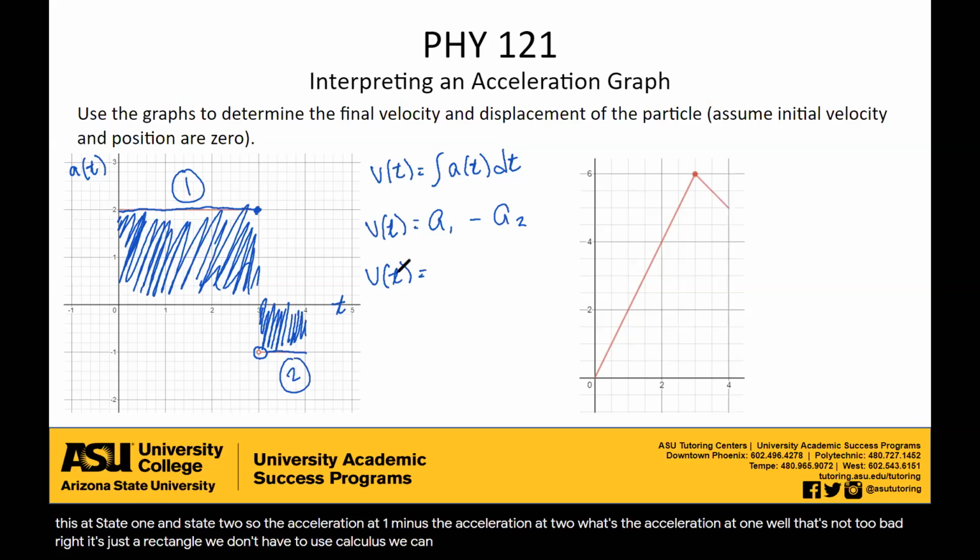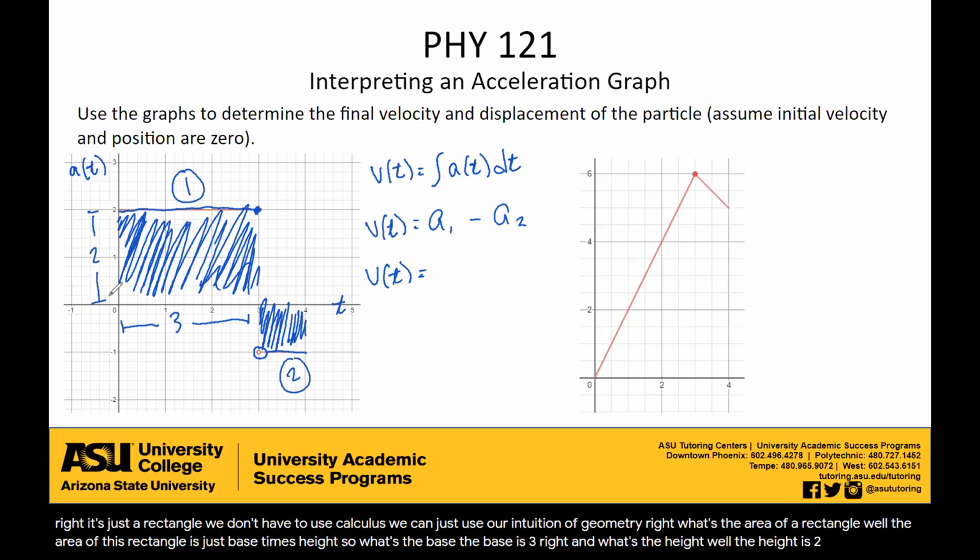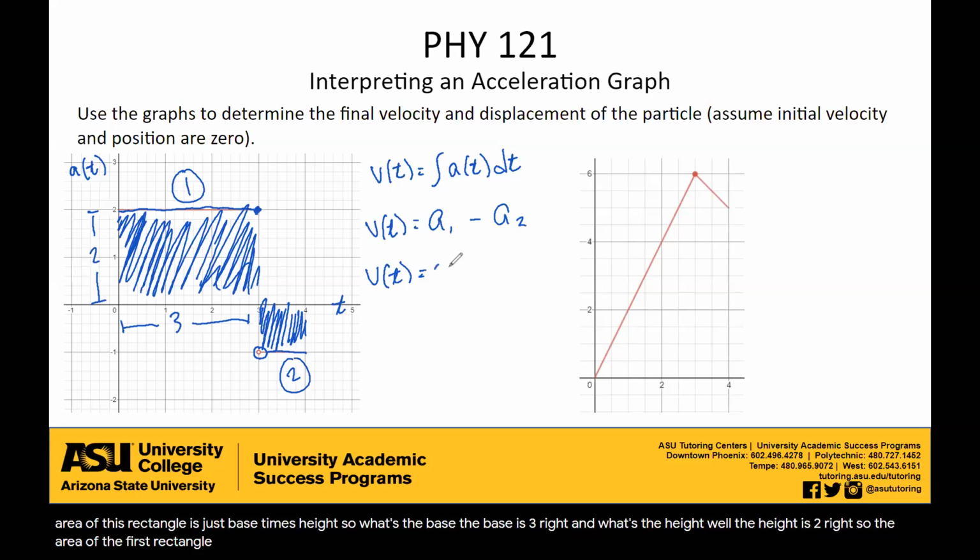We can just use our intuition of geometry. The area of a rectangle is base times height. The base is 3, and the height is just 2. So the area of the first region is just 2 times 3.